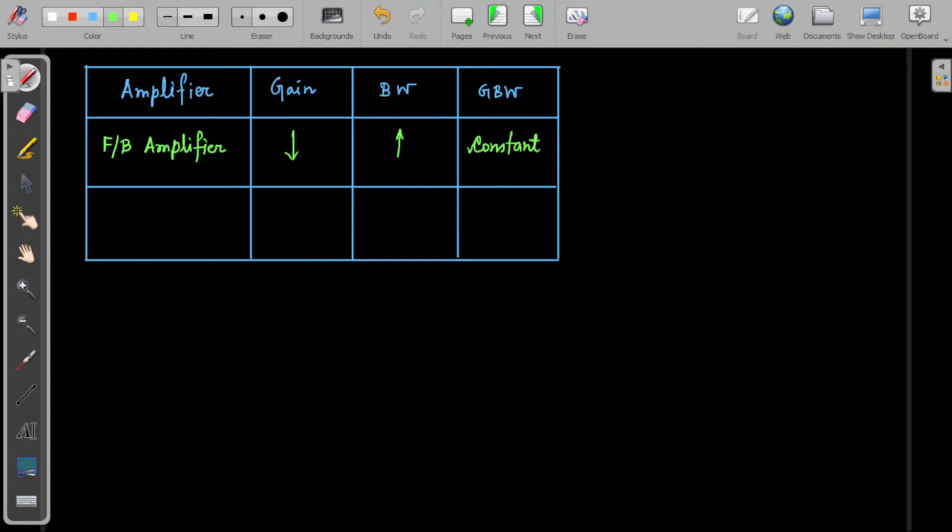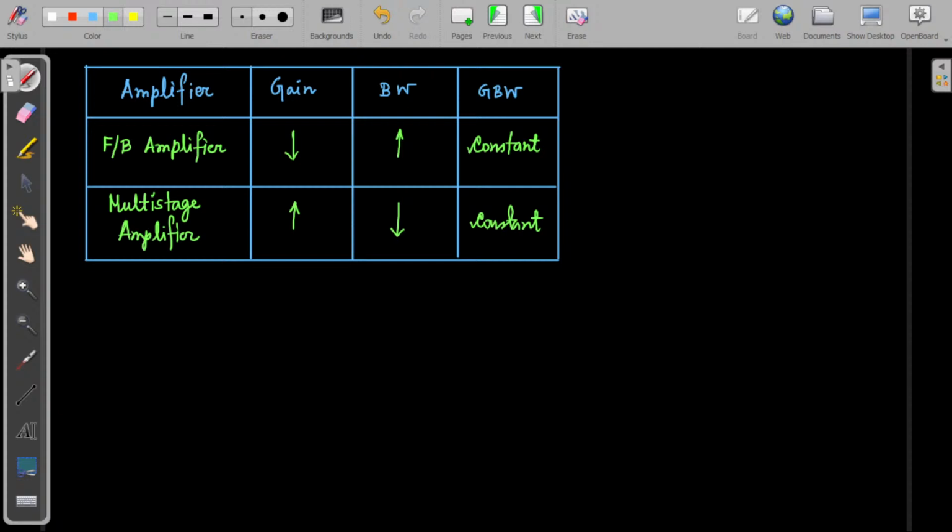For multi-stage amplifier, we have already studied the multi-stage amplifier in the offline classes. I am just comparing the multi-stage amplifier with the feedback amplifier. In the case of multi-stage amplifier, if you remember, the total midband gain was increased, but the bandwidth was decreased. That's why it was also constant.